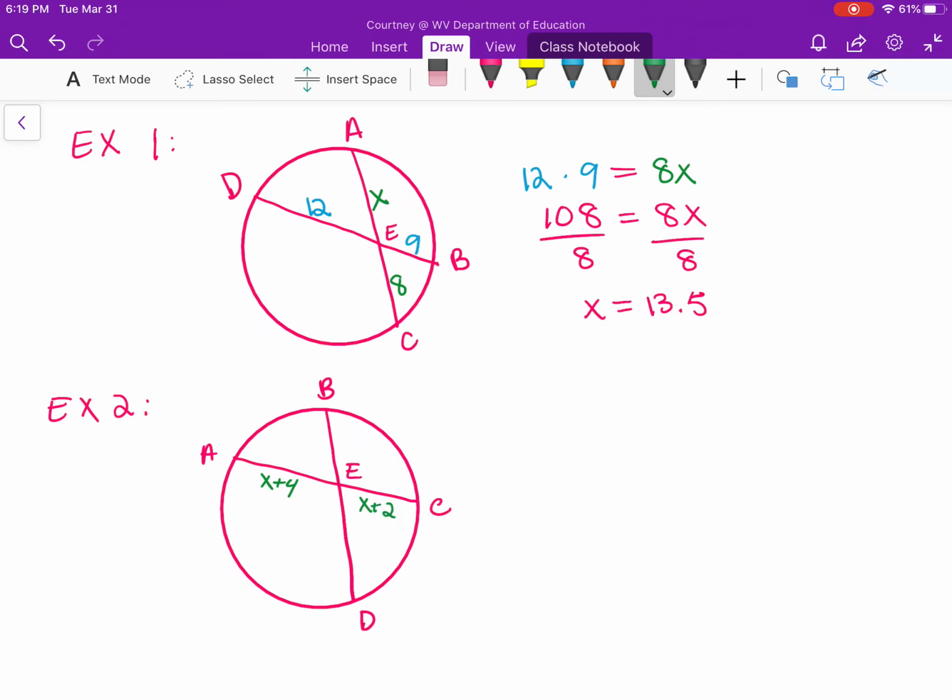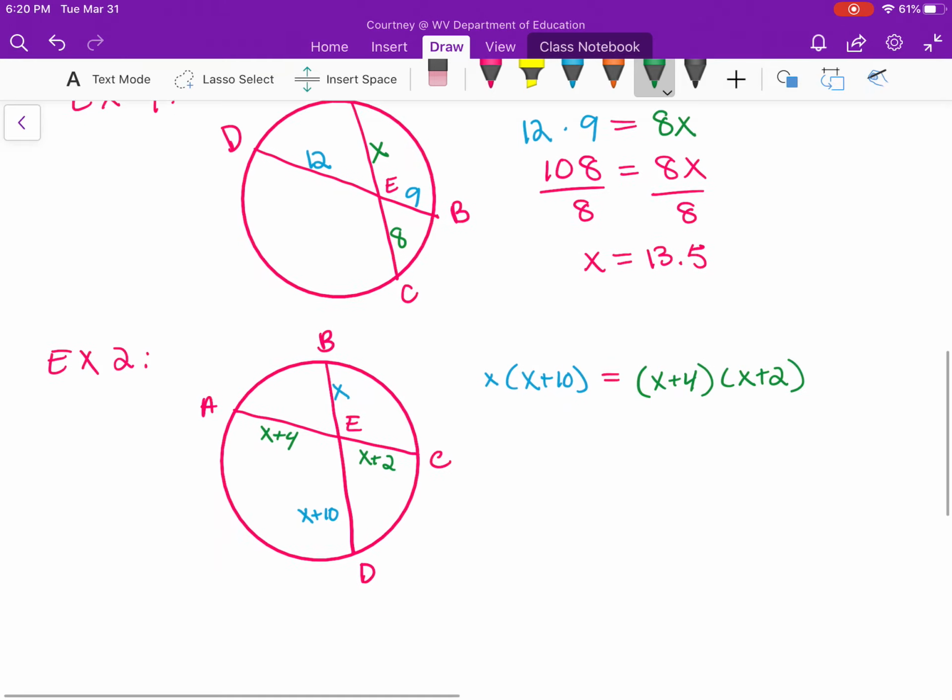E to C is X plus 2. Then we have B and D in blue. BE is X. ED is X plus 10. All right, so we have X times X plus 10 equals the green X plus 4 times X plus 2.